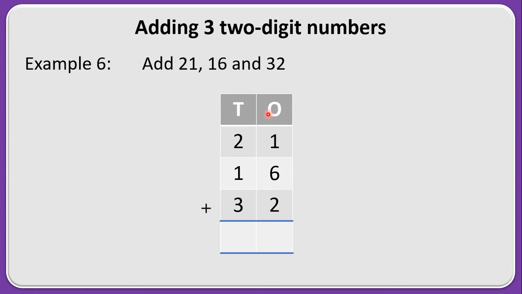Here the digits 1, 6, 2 are in ones place, and the digits 2, 1, 3 are in tens place. Now let us add these. 1 plus 6 is 7. 7 plus 2 is 9. I will write 9 here. Coming to the tens column, here we have 2 and 1. 2 plus 1 is 3. 3 plus 3 is 6. Let us write down 6 here.